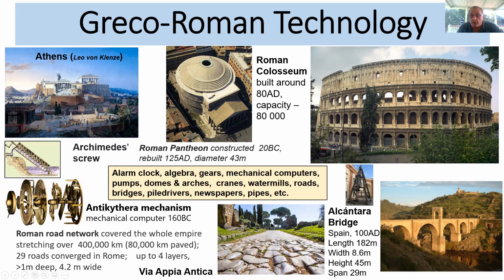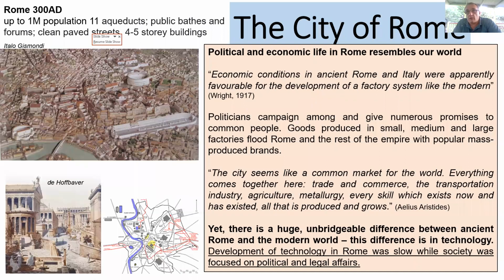The Roman roads are very well known, and some of them can be used even today, although they were built 2,000 years ago. The Roman Colosseum had a capacity of 60,000 to 80,000 people, which is quite large even compared to modern stadiums. Rome was a very large city, even by modern standards. Its population probably reached 1 million people.